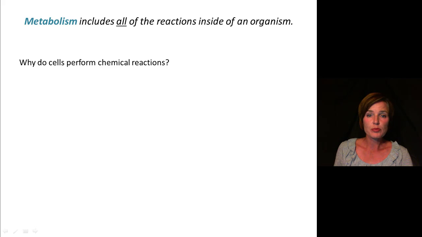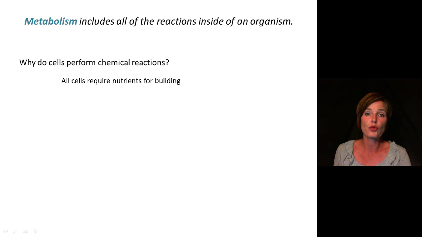So why do cells perform specific chemical reactions? Well, they do have different reasons for it. First of all, cells are going to require nutrients for building purposes. So if they require nutrients for building purposes, they're going to have to harvest or collect those nutrients from other molecules, and that would involve chemical reactions.